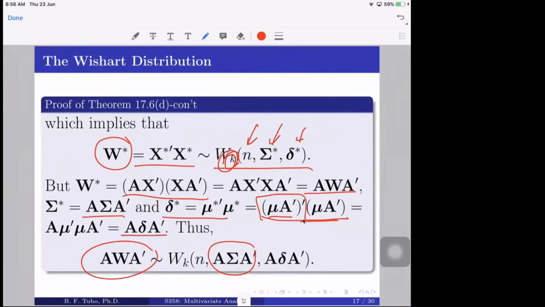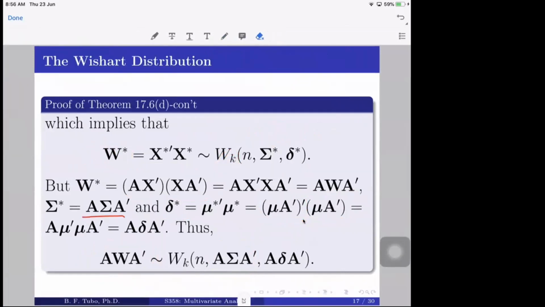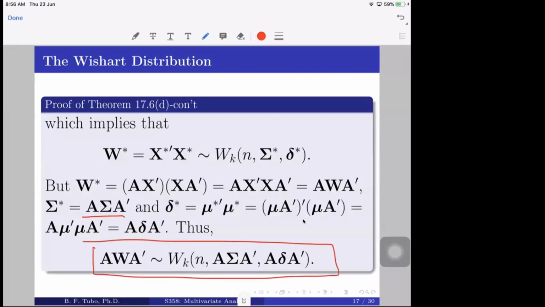So delta star will be A delta A prime. So in conclusion, you have a transformation: AWA prime is Wishart with A sigma A prime and A delta A prime.